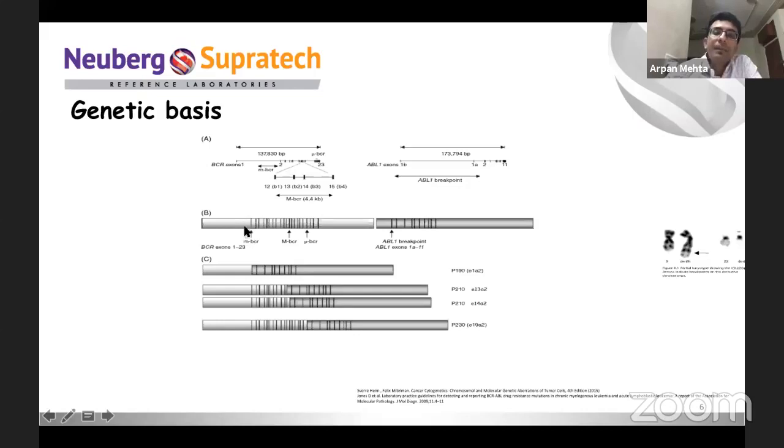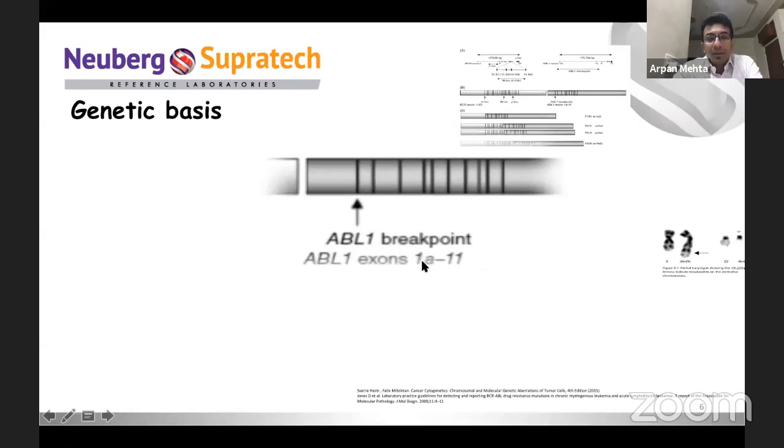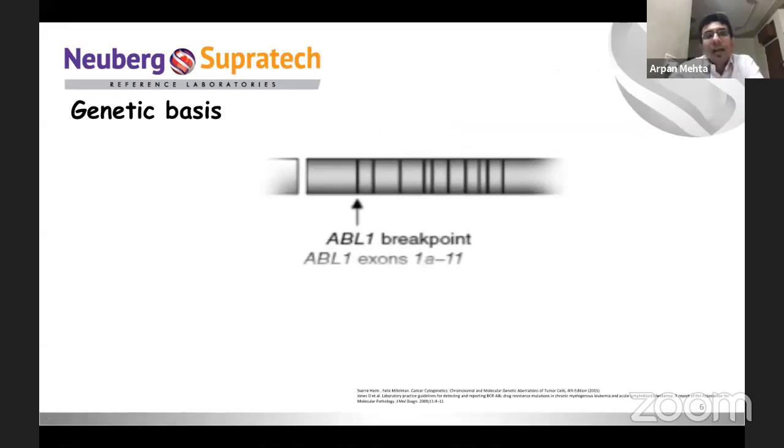If there is a break in the minor region, then there will be formation of P190 type of transcript or E1A2. And it is this ABL1 region where the majority of the kinase domain mutations happen, which may lead to resistance to one or more of the tyrosine kinase inhibitors like imatinib.